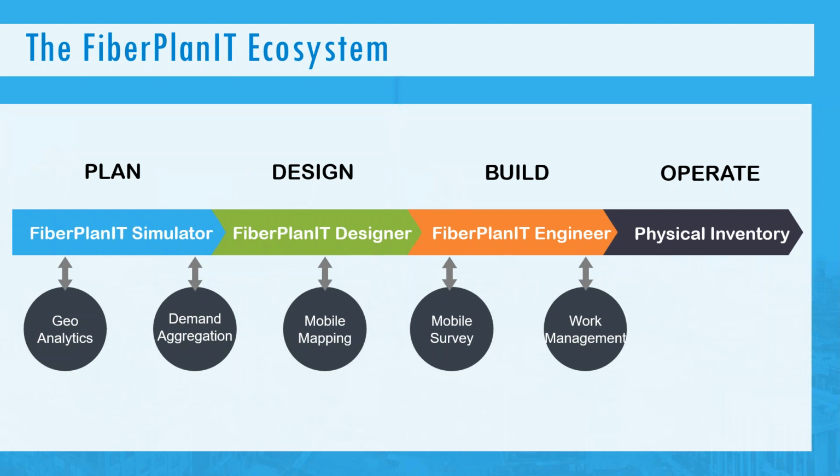For this, you will need a physical network inventory solution, and through our partners, we integrate with these solutions so that you can have a seamless process from design and building up until the operational stage and not lose any information in between.